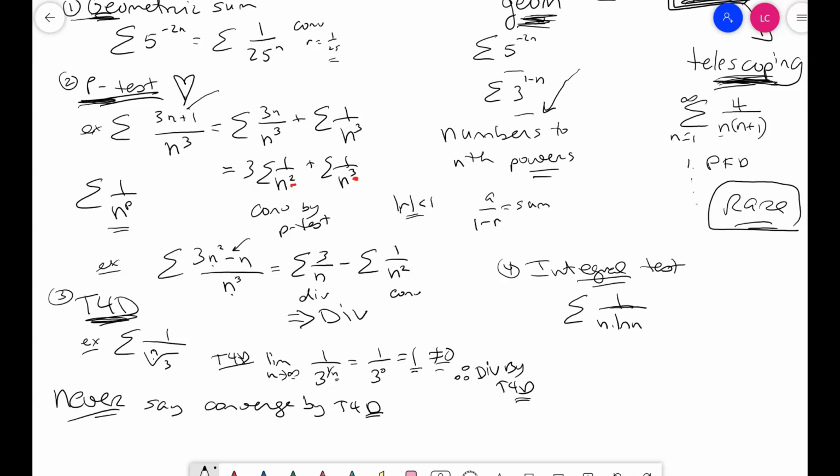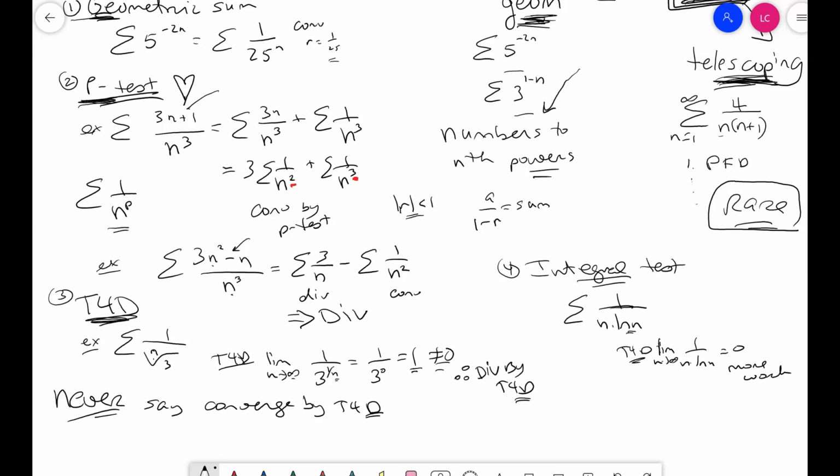It's not geometric, can't use a p-test on it. If I try to do t for d on here, right, t for d means if I take the limit as n goes to infinity of this, I get 0, which means nothing, means more work. So if I get 0 from the limit, more work from test for divergence.